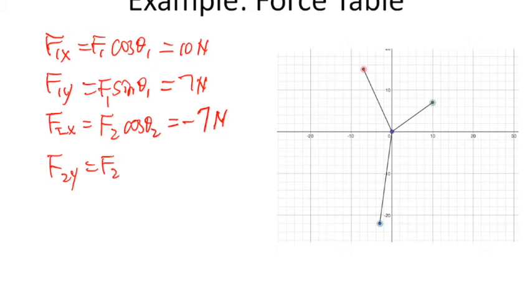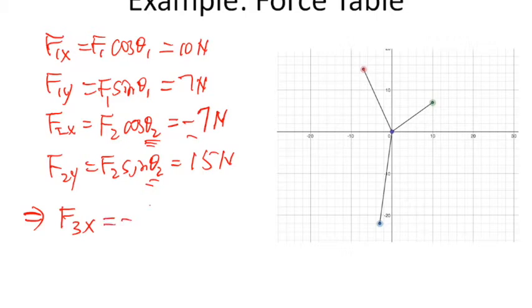F2y is F2 sine theta 2. Again, you can just plug in 115 degrees here. It will automatically give you a negative for F2x, and 115 degrees gives you a positive for F2y, which is 15 Newtons. So F3x should be negative of F1x plus F2x, and F3x should be negative 3 Newtons.